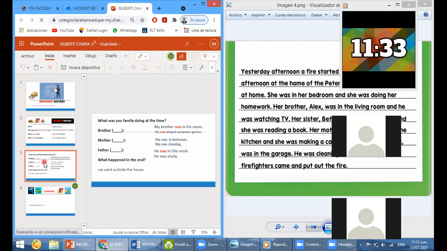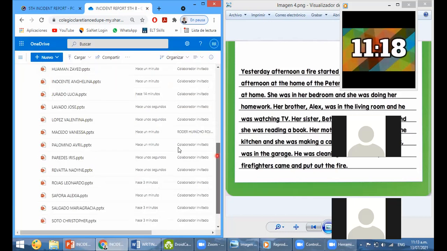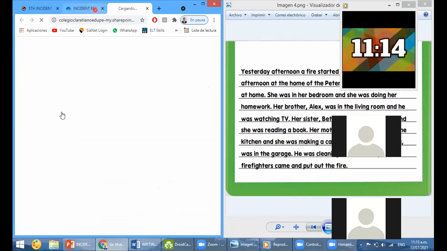He was playing computer game. Playing. Studying. Remember, huh? Remember, in past progressive, my friends, is the action with ing. Studying, cooking. I was reading, eating.